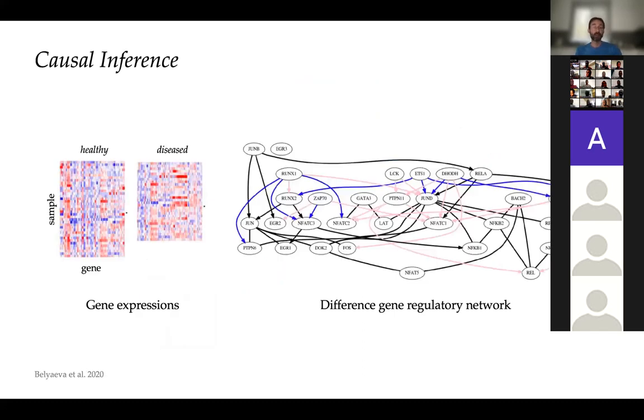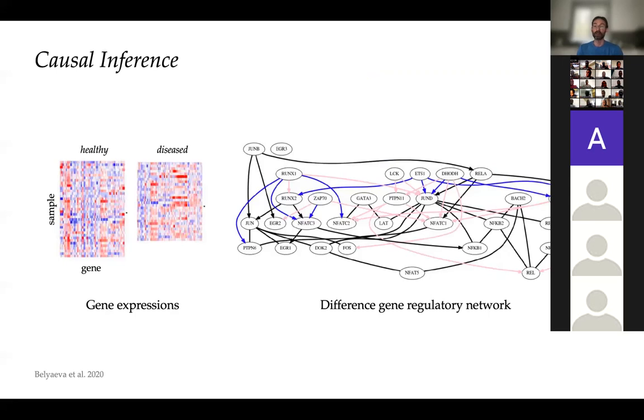There is another interesting topic that is especially of interest in biological sciences, and this is causal inference. What I show here is a recent paper where they try to reconstruct causal graphs. The typical scenario is some gene expression in healthy and diseased cells, and you want to understand what causes the disease.